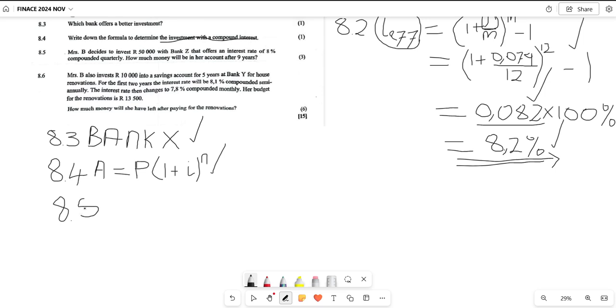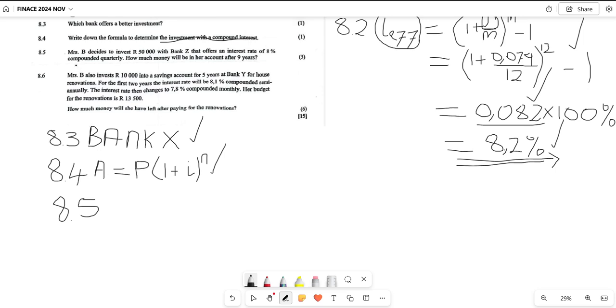Then 8.5. It says Mrs. B decides to invest an amount of 50,000 rand with Bank Z that offers an interest rate of 8% per annum compounded quarterly. How much money will be in her account after a period of 9 years?